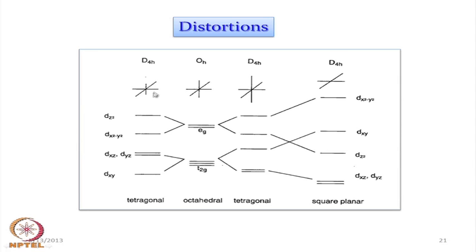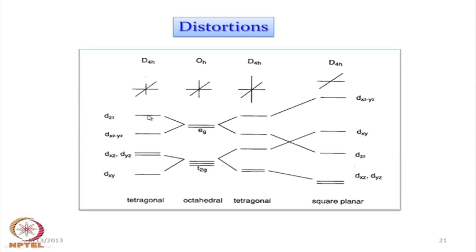which is the compressed one, meaning we have a short metal-ligand distance, and the situation is completely different compared to our square planar situation. In the square planar situation we do not have any ligand in the z direction, but here the interaction is more in the z direction and we have a short metal-ligand distance in the z direction.